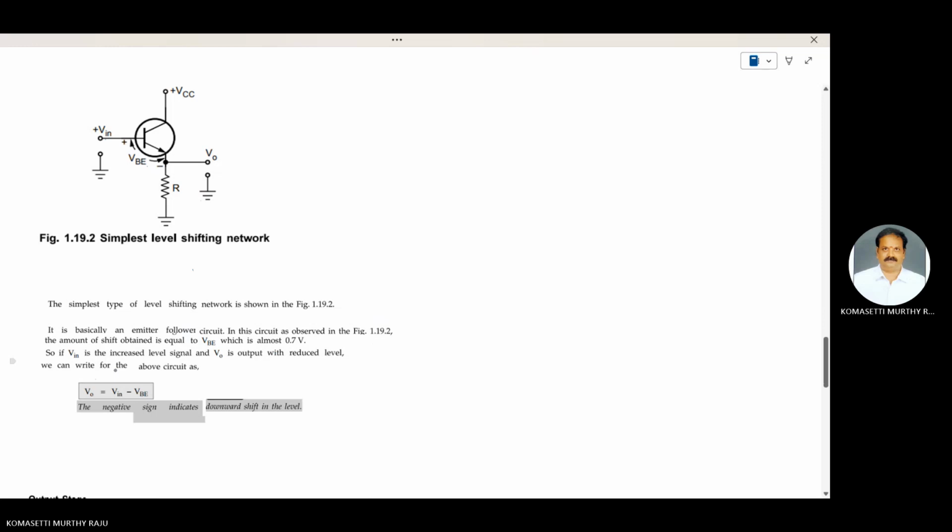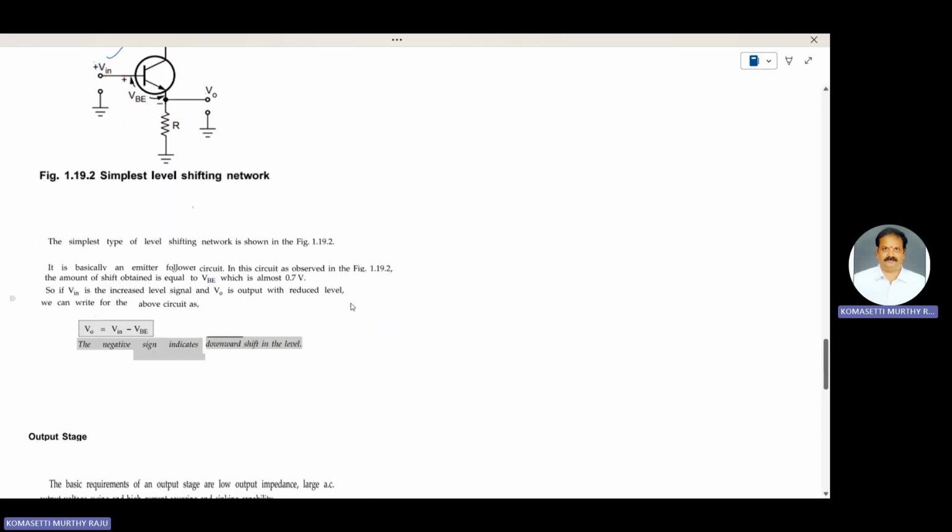Vin is the increased level signal and V0 is the output with reduced level by an amount VBE. We can write for the above circuit, V0 is equal to Vin minus VBE. The negative sign indicates a downward shift in the level.